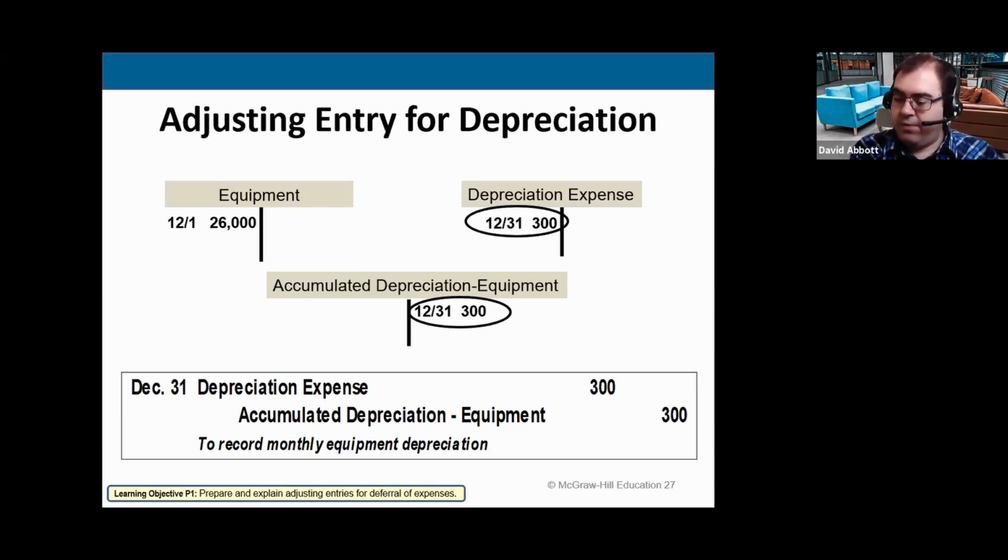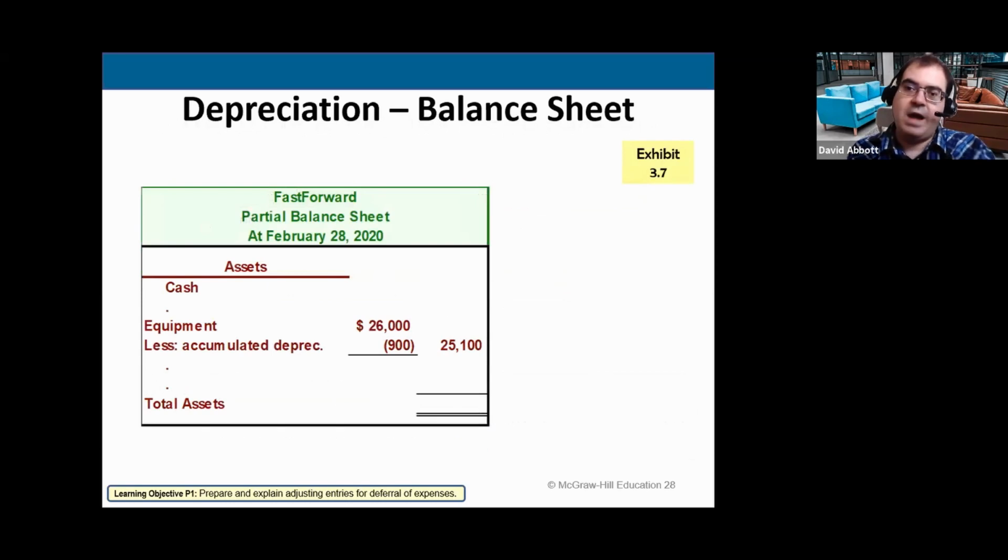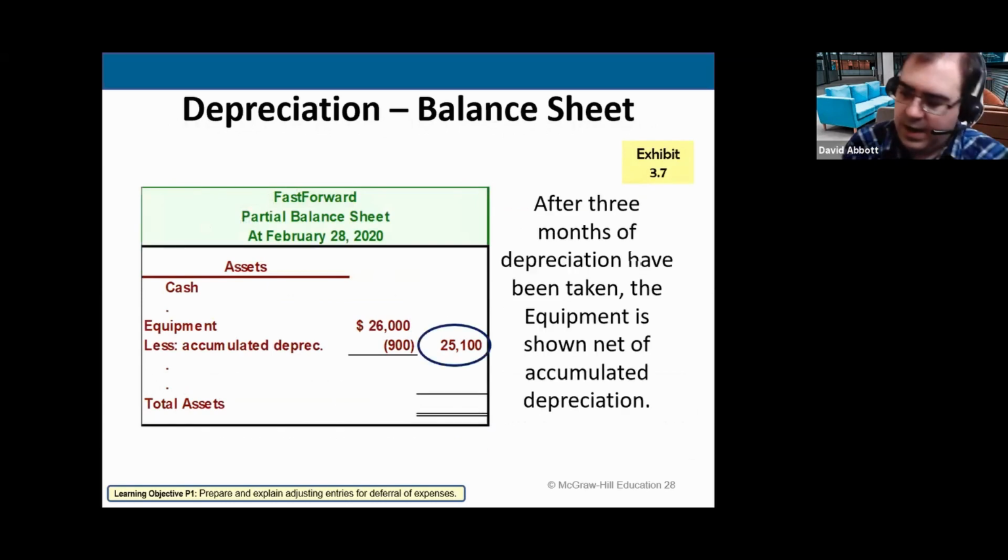Because this is a new type of account, let's look at the treatment of contra and related asset accounts on the balance sheet. The contra account accumulated depreciation will be shown as a reduction in the cost of the asset equipment. Cost of a plant asset less accumulated depreciation is known as book value. So the asset equipment will be shown on a balance sheet at its net amount or book value.